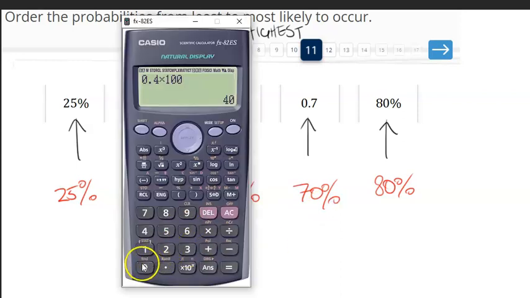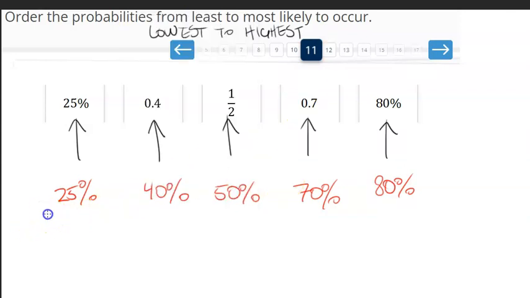To double check, 0.7 times 100 is 70%. So now we have a consistent format, and they're already in order from smallest to largest. You've just got to remember that 40% is associated with the 0.4. So you put that as second, half as third, and then 0.7 as last.